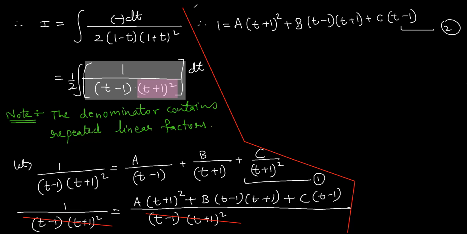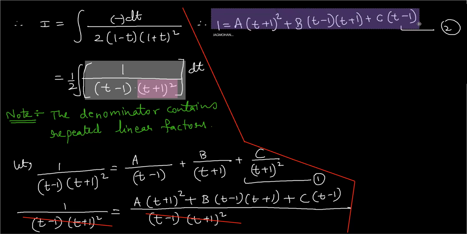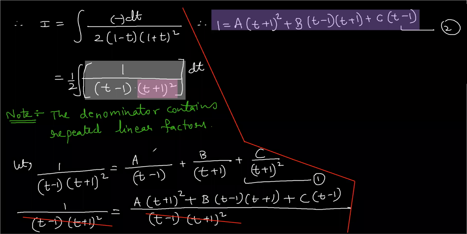Now, as I have been telling you, this equation number 2 is an identity. Remember students, this equation is an identity. What does that mean? It means this equation is true for all values of t. So you know what I will do? I will put t equals 1 there.